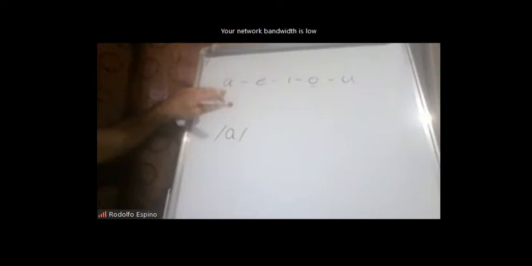A followed by R. Well, obviously care is different because it has a silent E. But words that have A followed by R, it's usually, most of the time, the A sound.